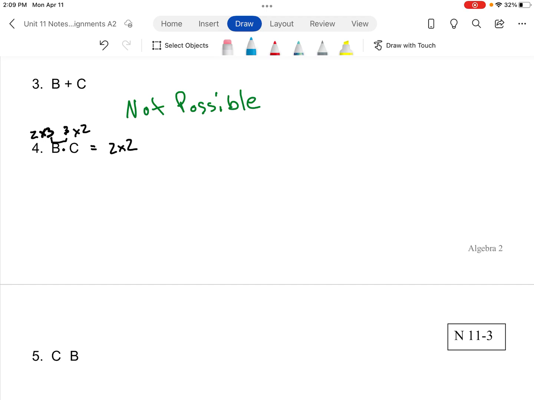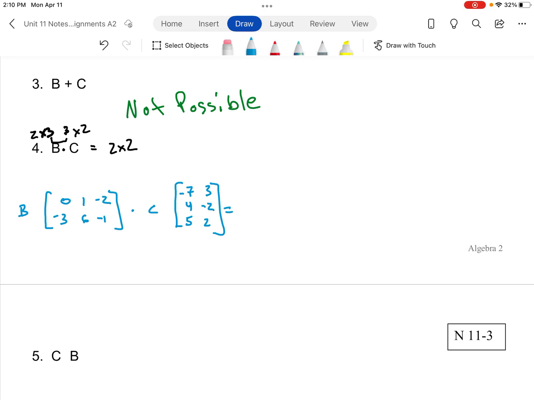All right, so first thing I'm going to do is I'm going to write my two matrices down here, B and C. So I've got B. Then C. All right, so remember when we multiply this, we take the first row and multiply it times that first column, okay?